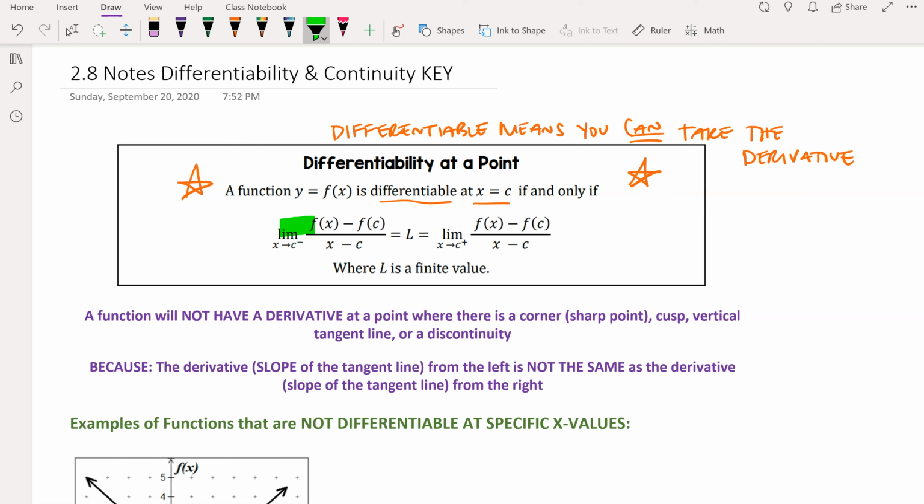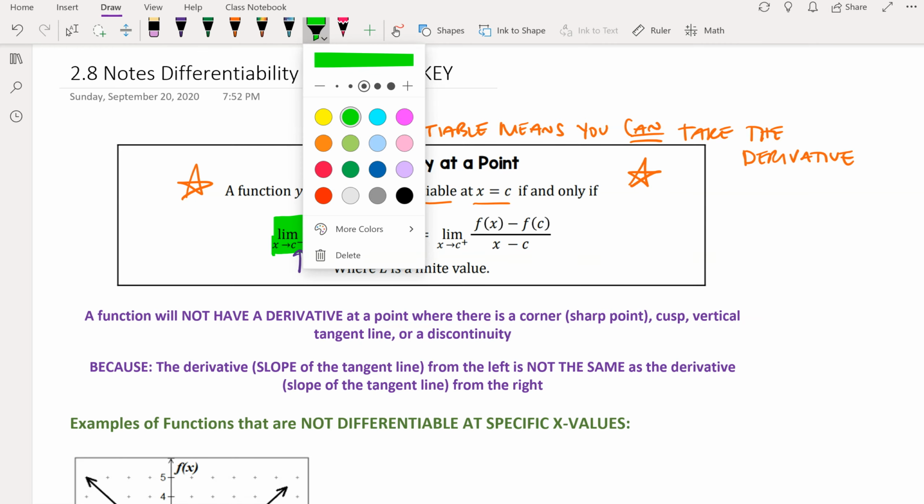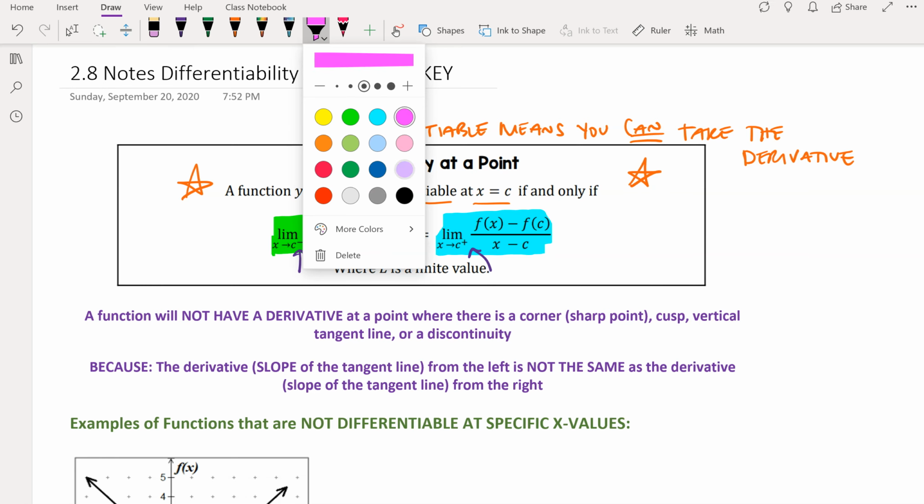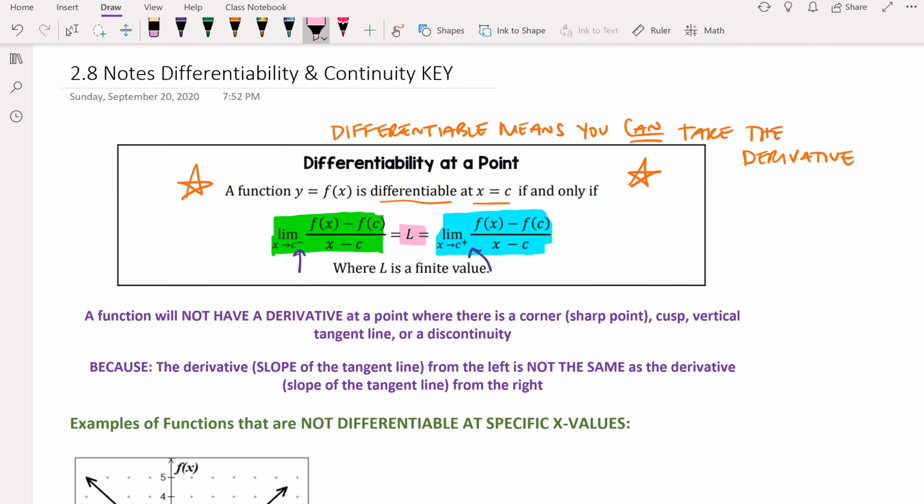Well, this limit is a definition of the derivative, and that limit is saying from the left. So this is the derivative from the left, and then this is also one of the limit definitions of the derivative, but that limit is saying from the right of c, and then this number in the middle, this is just a number that they're calling L.